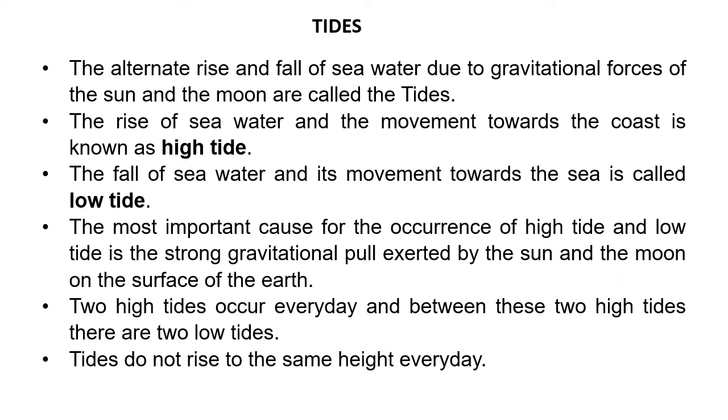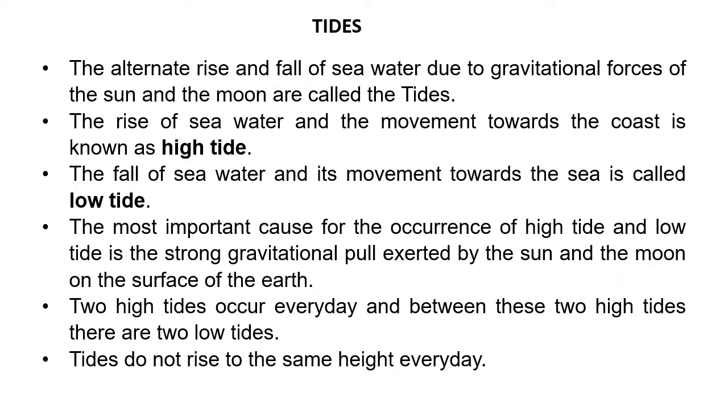The most important cause for the occurrence of high tide and low tide is the gravitational pull exerted by the sun and the moon on the surface of the earth. These two high tides occur every day, and between these two high tides there are two low tides also.